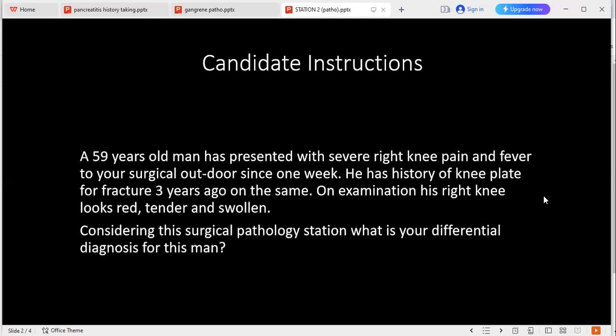Right. After you've managed the patient, the patient presents after 3 months and the wound is not healing. What would you suspect? A surgical site infection. All right. How would you manage that? For managing infection, we would require culture and sensitivity from the wound site to identify what organism it is.